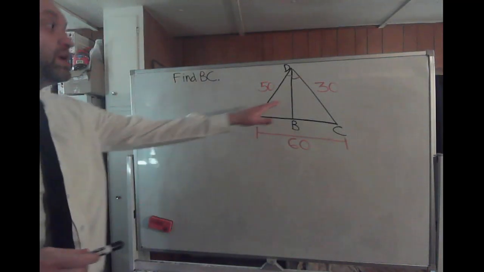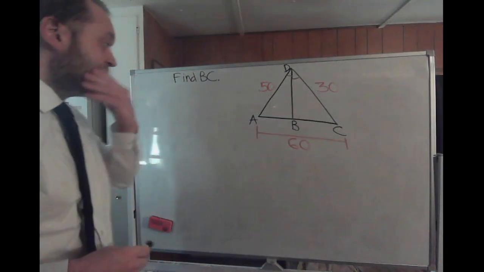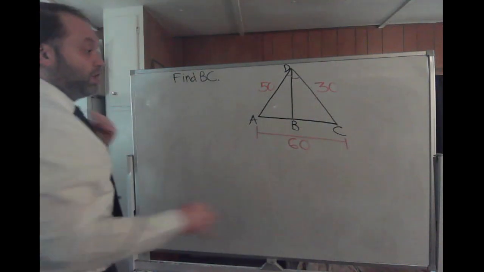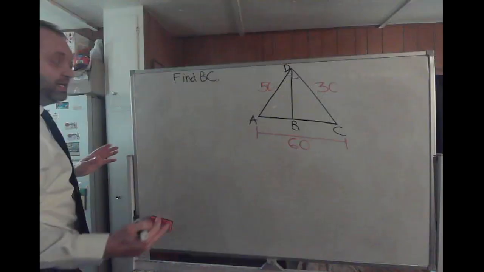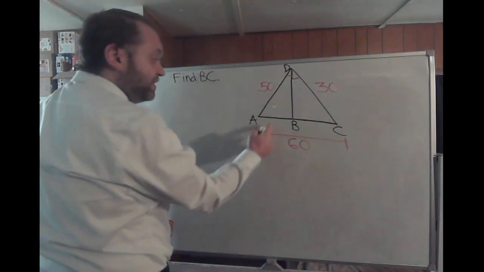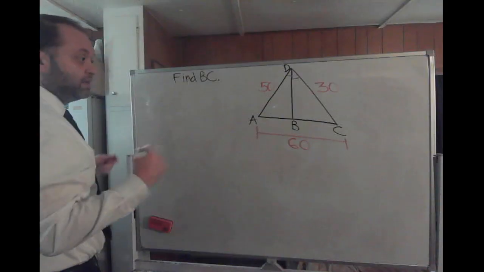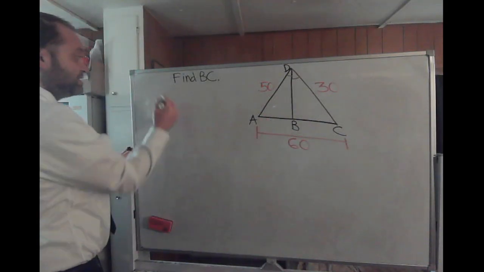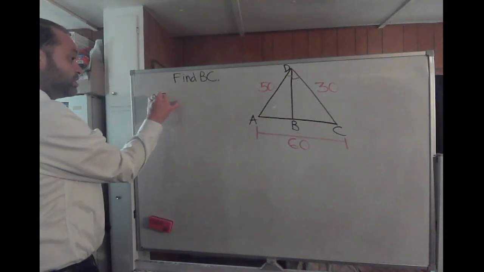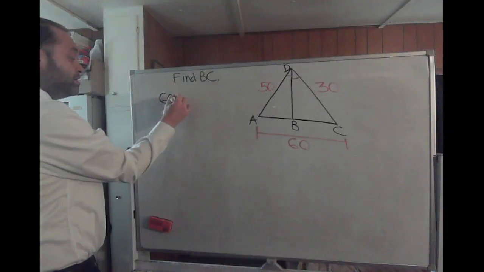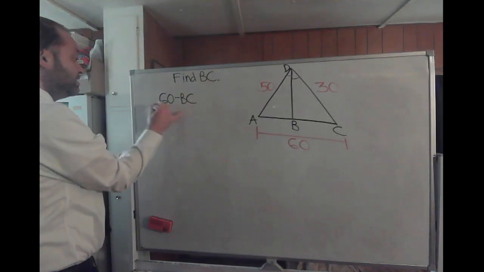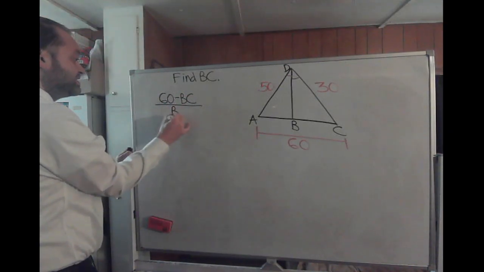Well, start with your opposite side, okay? Start at the left. We're ultimately trying to find BC. Isn't it true that the length of AB would just be the whole length of 60 minus BC? That would be the length of AB. So in this case, we're going to take 60 minus BC over BC itself.